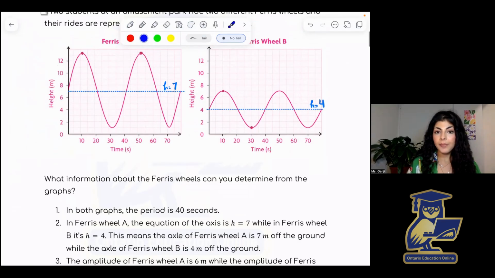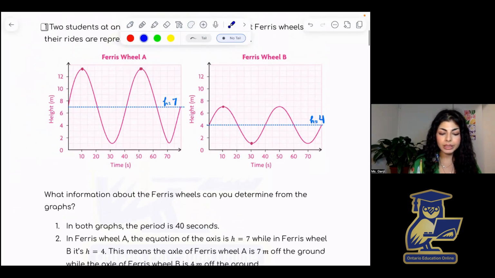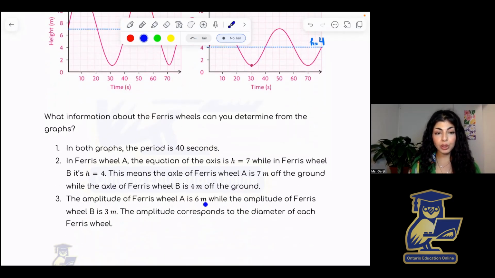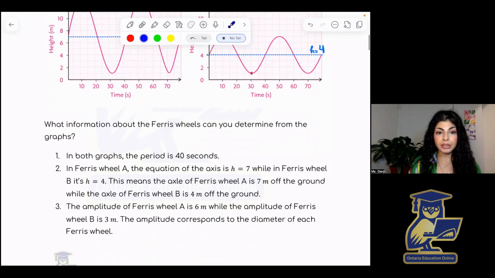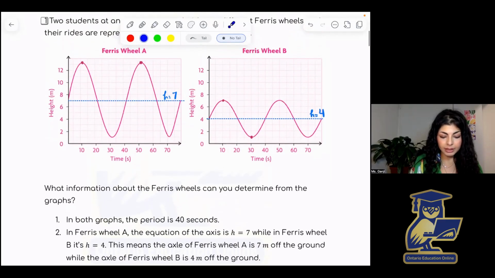And already, which one do you think is the taller Ferris wheel between the two? And of course, it is Ferris wheel A, first because the axle is higher off the ground, but also that now we see the amplitudes are also different. The amplitude of Ferris wheel A is 6 because from this equation of the axis to the maximum, which was 13, we have 13 minus 7, which is 6.